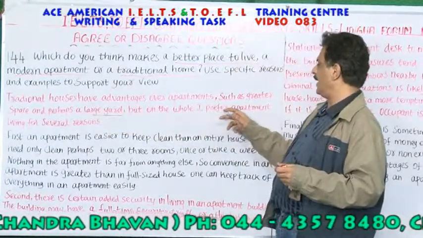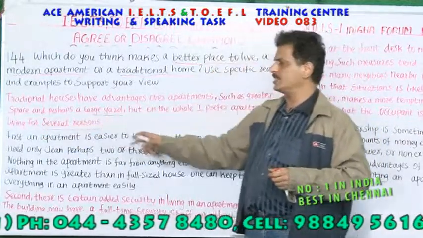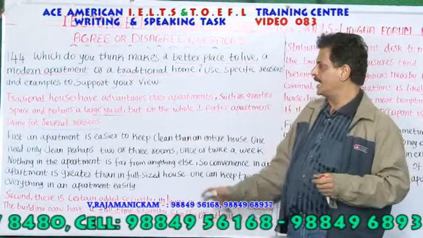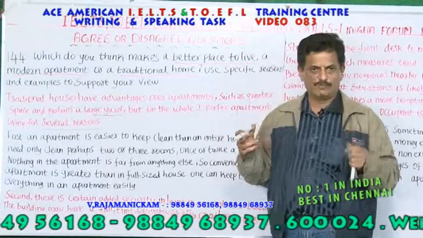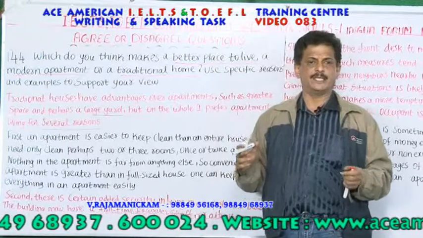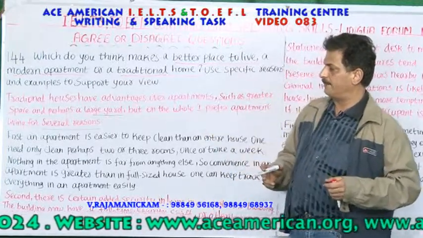But on the whole, I prefer apartment living for several reasons. So this particular writer has gone for selecting apartment living as best because of various reasons. He says, of course, traditional houses have a place, but still he prefers to live in an apartment.